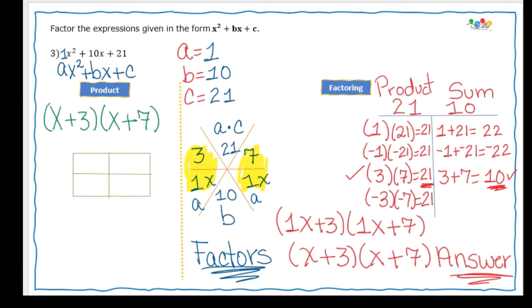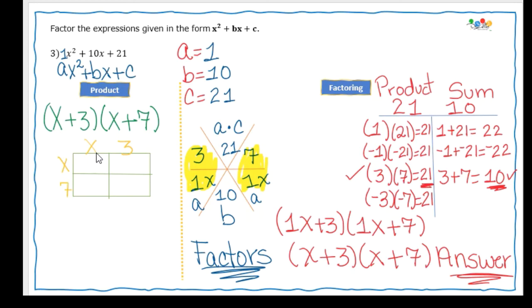Okay, do you have the box ready? In the length, I will put one of the binomials, which will be x plus 3. And on the width, I will put the second one, which is x plus 7. What I do next is the multiplication.